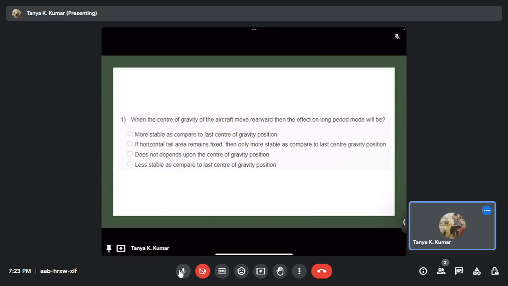Less stable as compared to last center of gravity position. Which one will be the right answer?